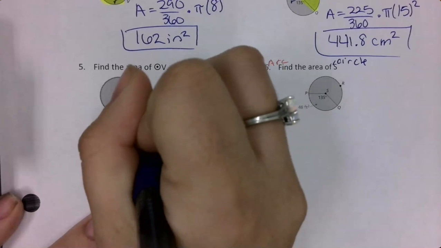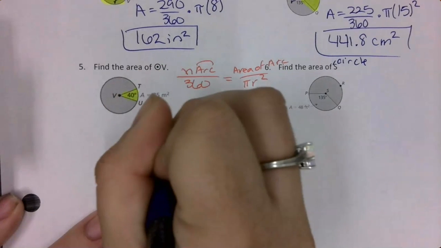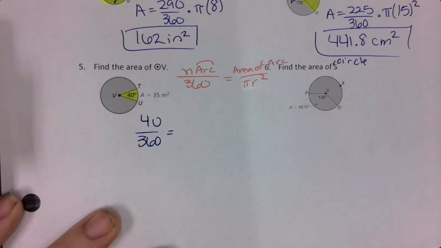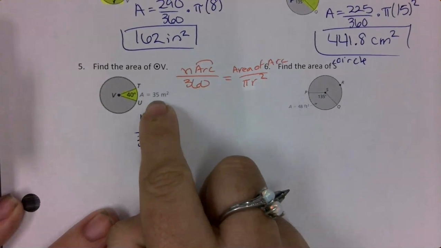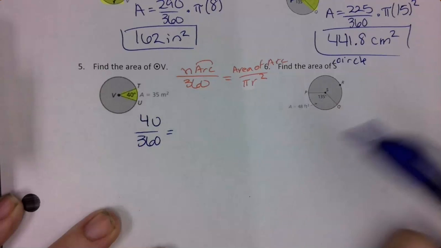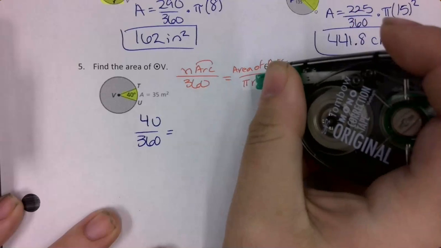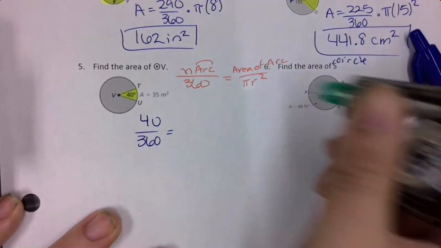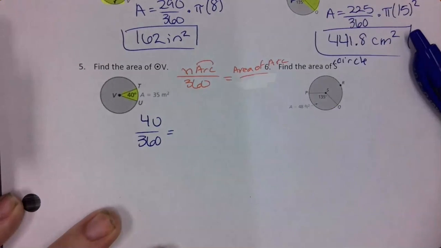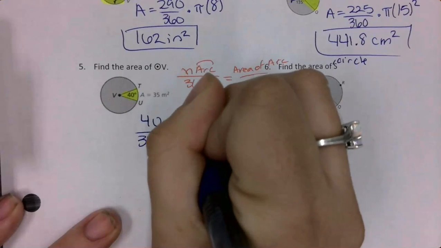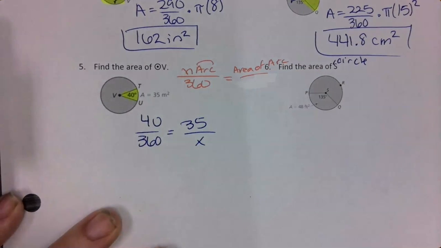So the measure of my arc on number 5 is 40, and there's 360 degrees total in a full circle. I know my area of my arc is 35. I want this to be x for area of the circle.